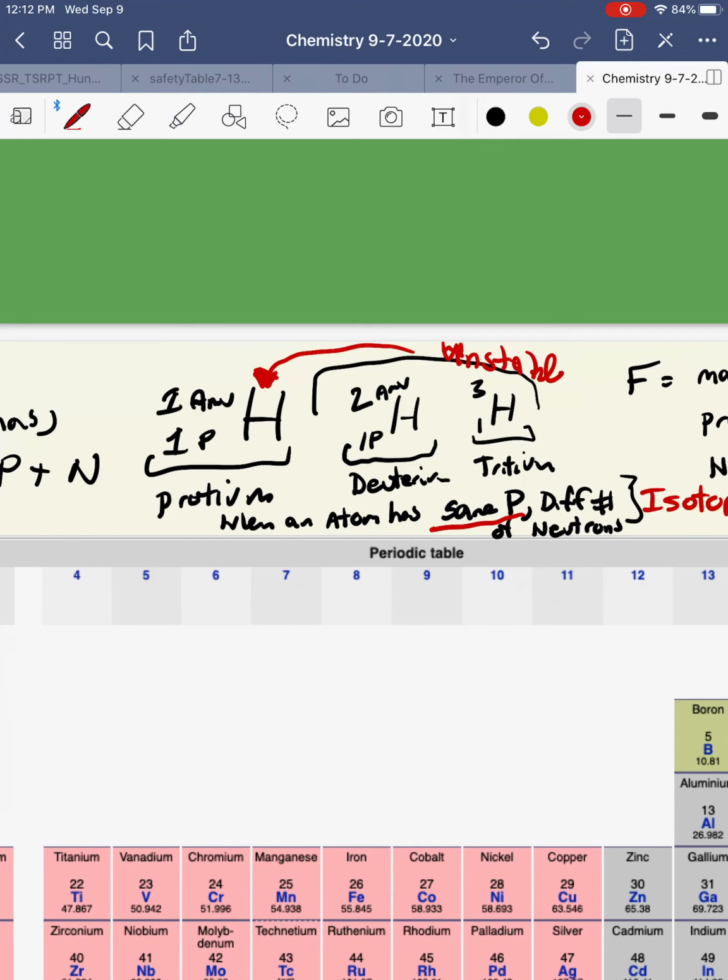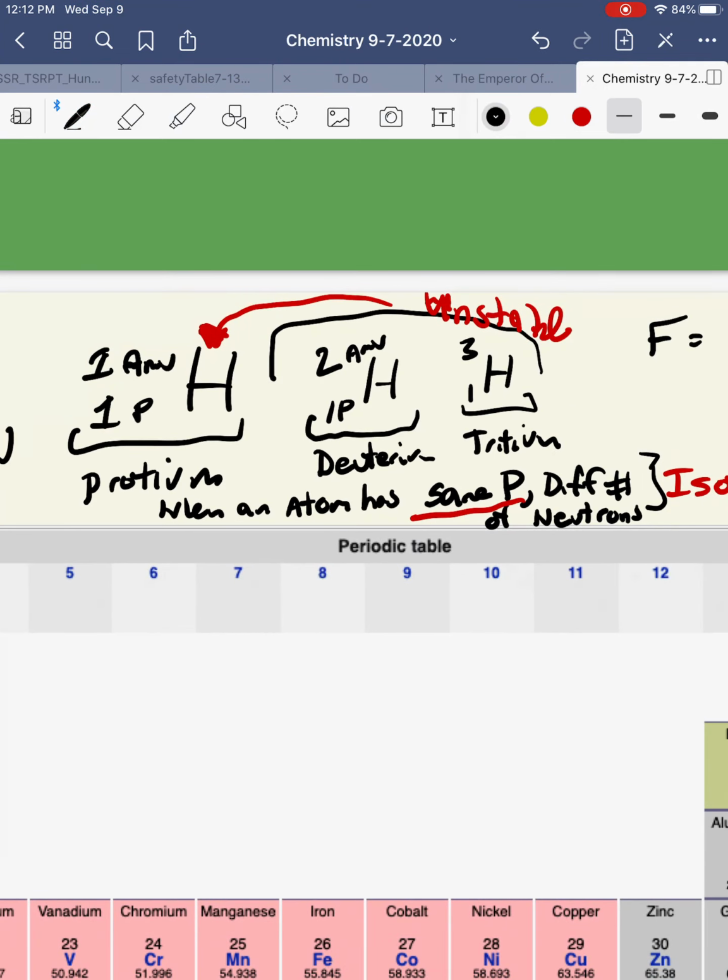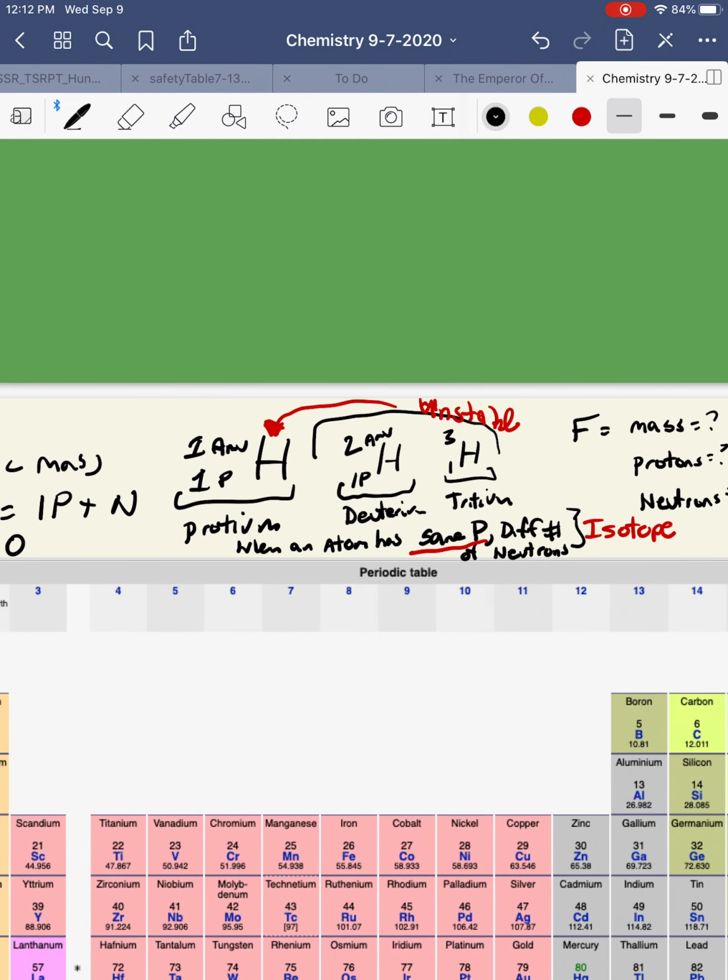For example, this is the structure of glucose, right? And let's say a clinician, someone in the clinic, wants to see how quickly your body takes glucose up.